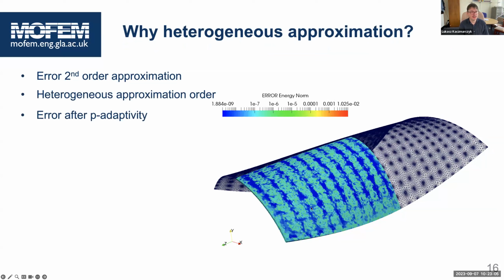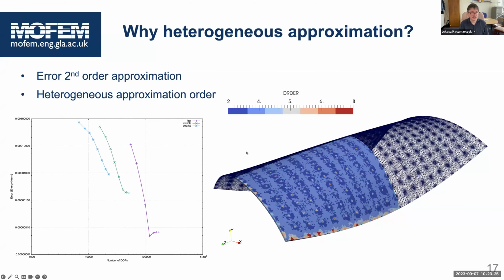So when we make p-adaptivity, we raise the polynomial order in the places where the error is high, and we start to get a uniform error distribution, okay? You can see this is a logarithmic scale. So we have a uniform error, and we achieve that by raising local polynomial orders.